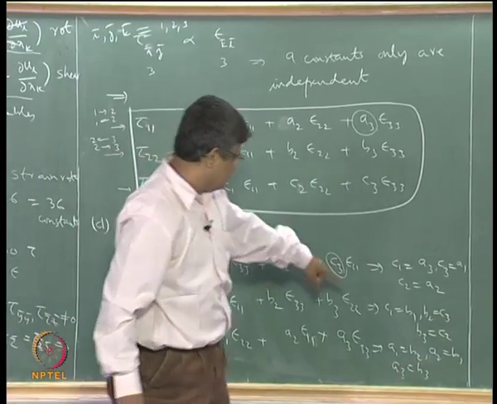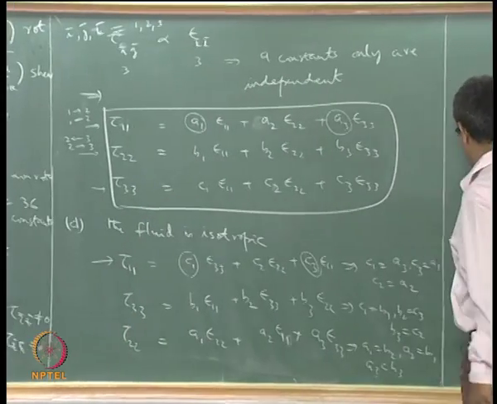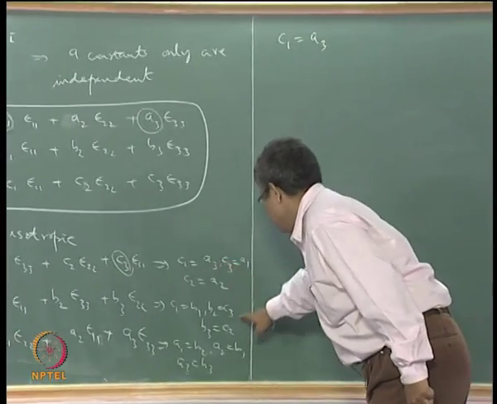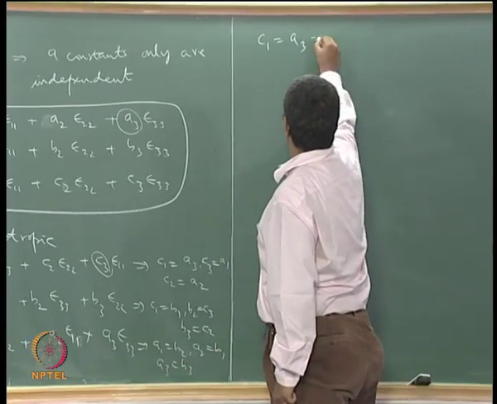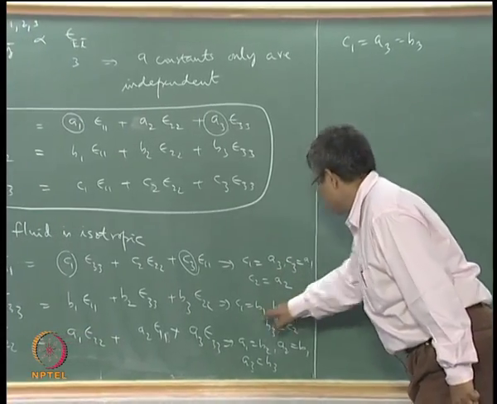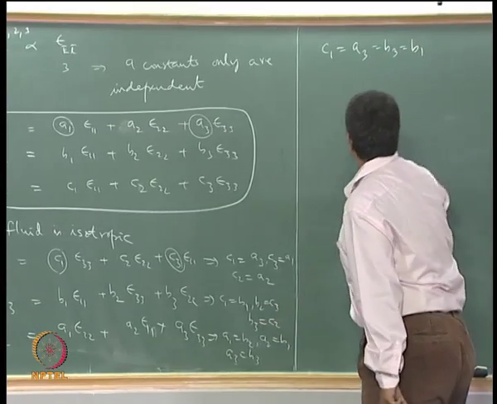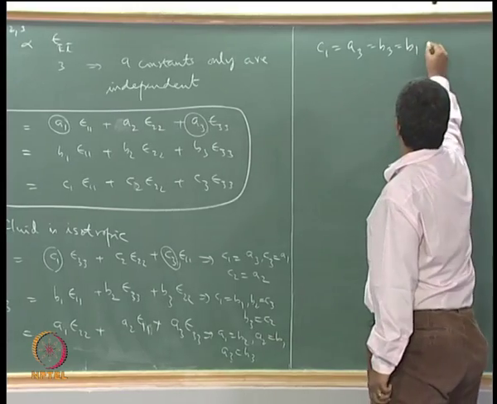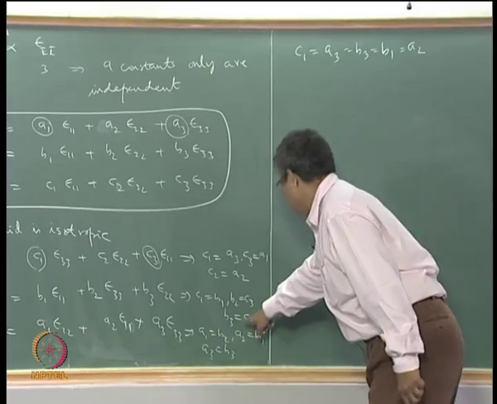Okay, now if we compare this, C1 is equal to A3, so we can just summarize this. A3 is already equal to B3 here, and C1 is already equal to B1 here, and B1 is equal to A2 and B3 equal to C2.